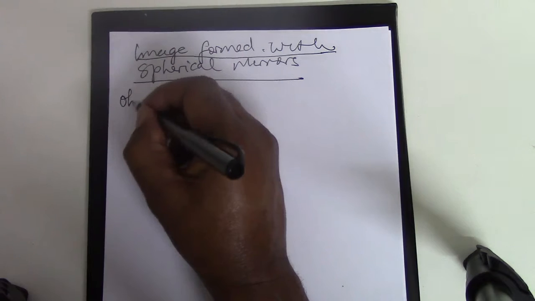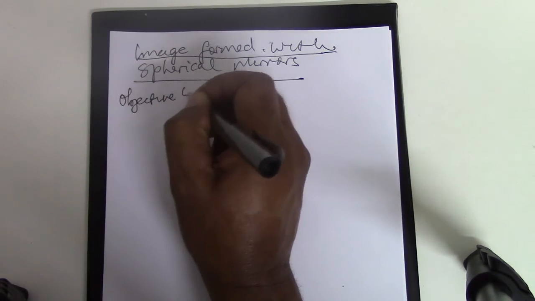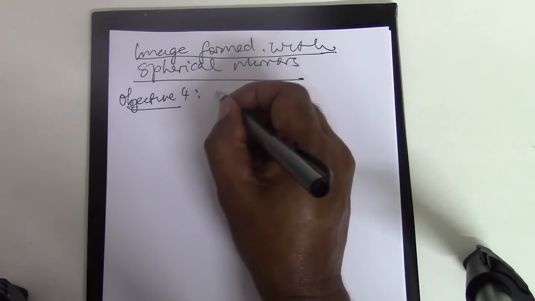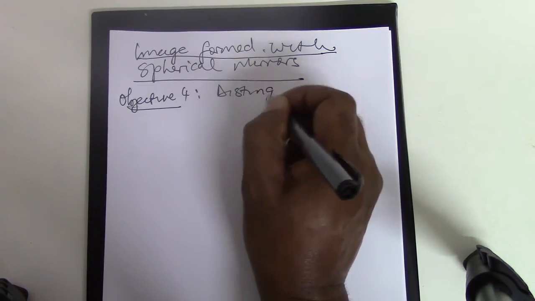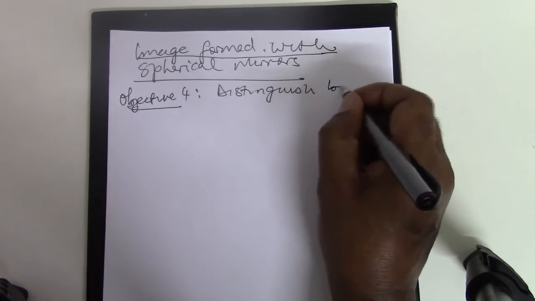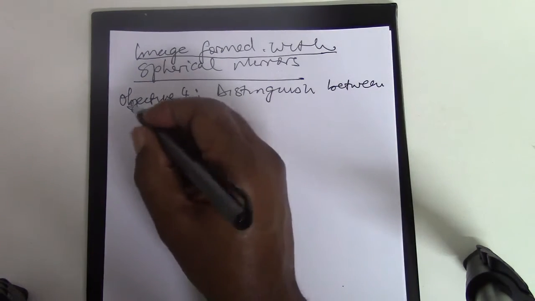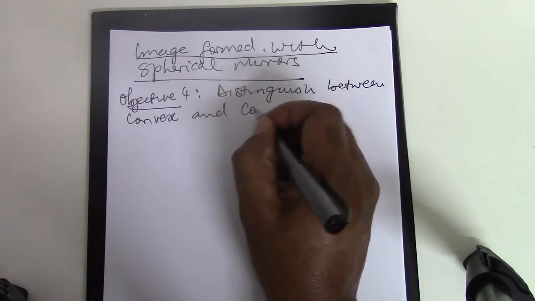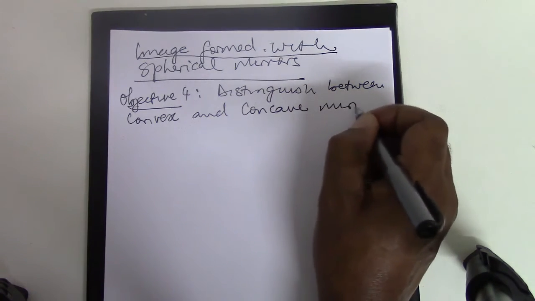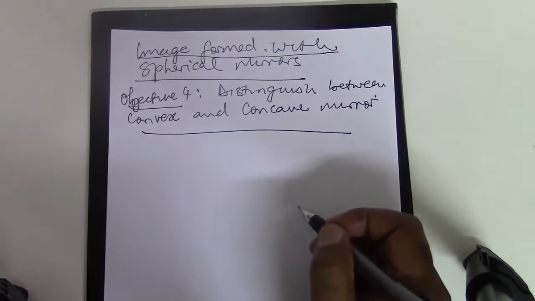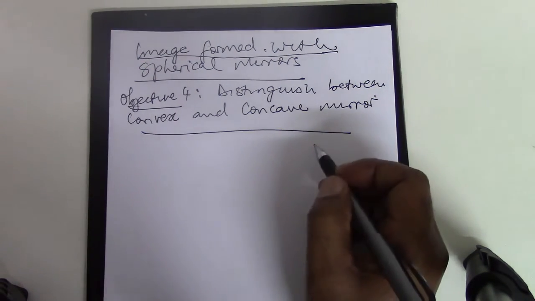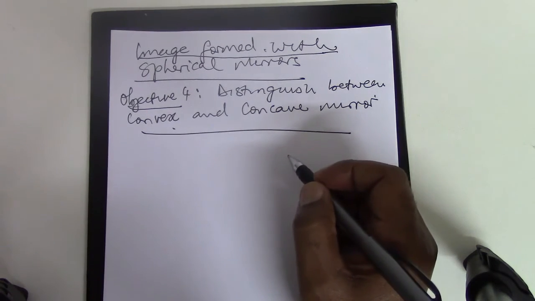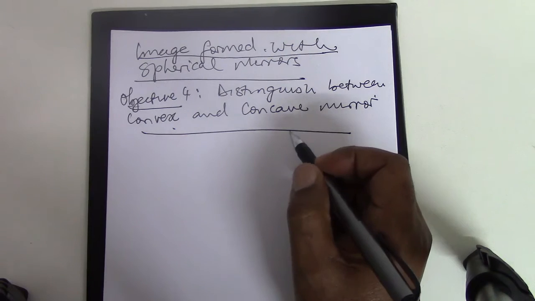Our objective, let's call it objective 4, says you are expected to distinguish between convex and concave mirror. You must distinguish what is a convex mirror, what is a concave mirror. The two of them, distinguish between them.